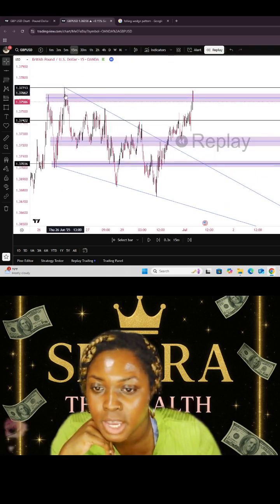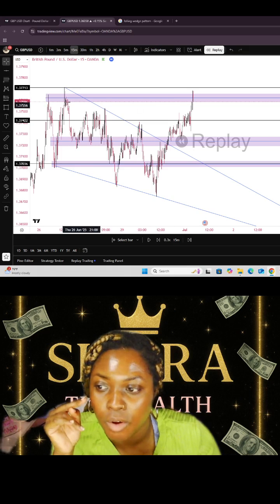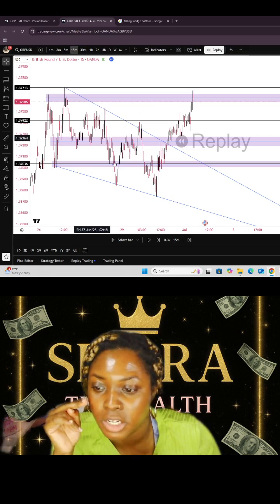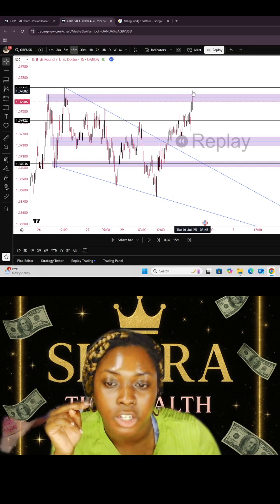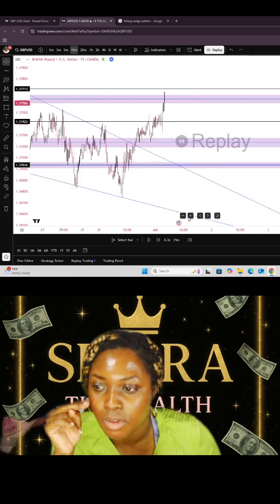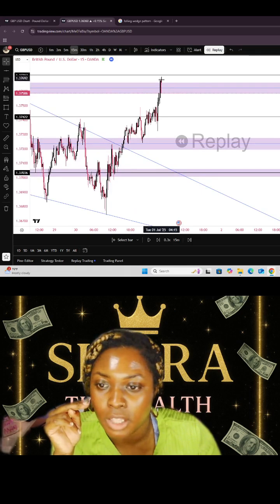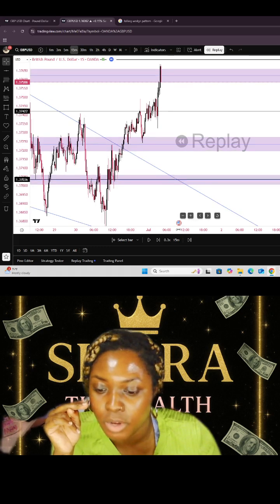Now, if we look at this, this is one test. This was two tests. That's a confluence to sell, okay? This was our first rejection. Price sold. This should be our second rejection, and price should sell. All right, so that was one confluence. Price closing underneath the zone with this bearish candle is two confluence.